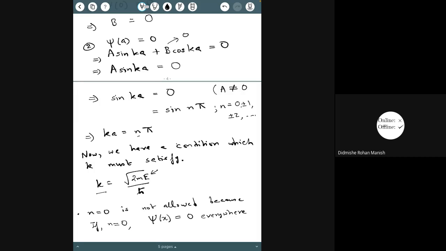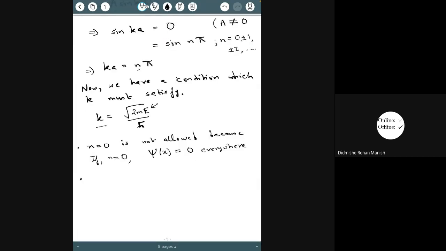Also, if I consider the solution for n equal to 1 and n equal to minus 1, they are only multiples of each other. They only differ by a sign. So they're basically the same wave function. Okay, and that sign can be absorbed into capital A, for instance, if you want.